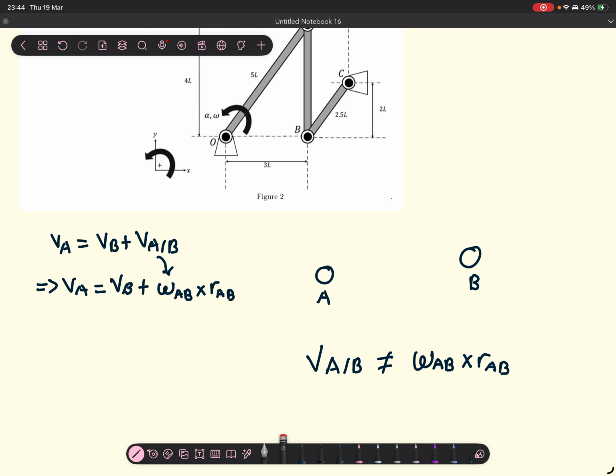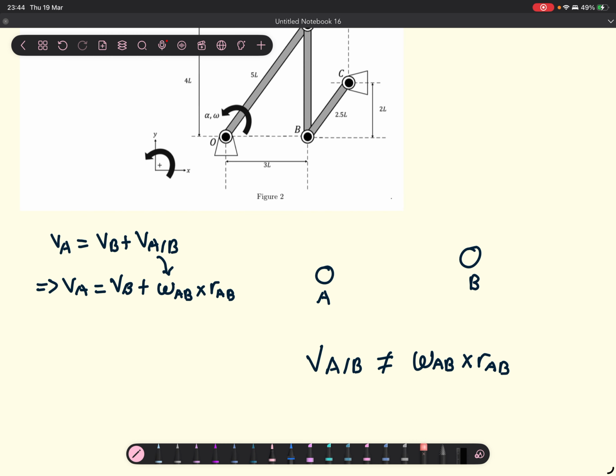They can't have an angular velocity. Angular velocity is only applied to rigid bodies, right? So in this case, because these two are not connected, they can't have an angular velocity, but they can still have a relative velocity, right?